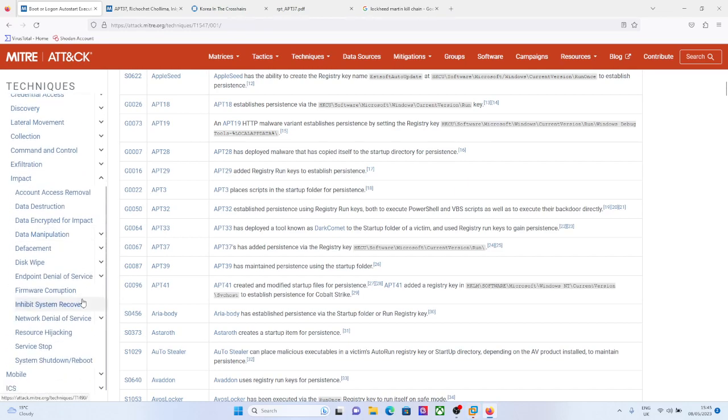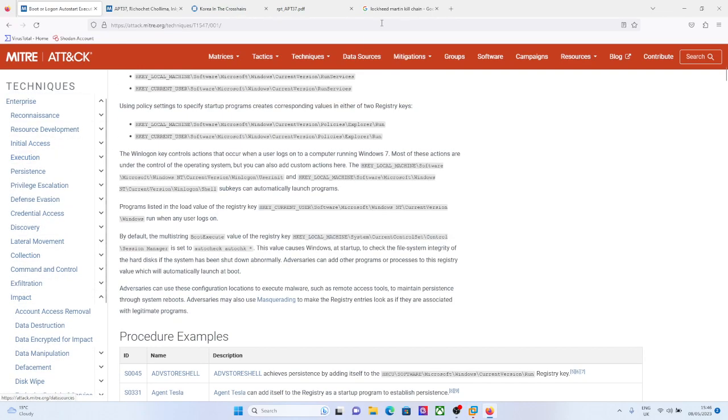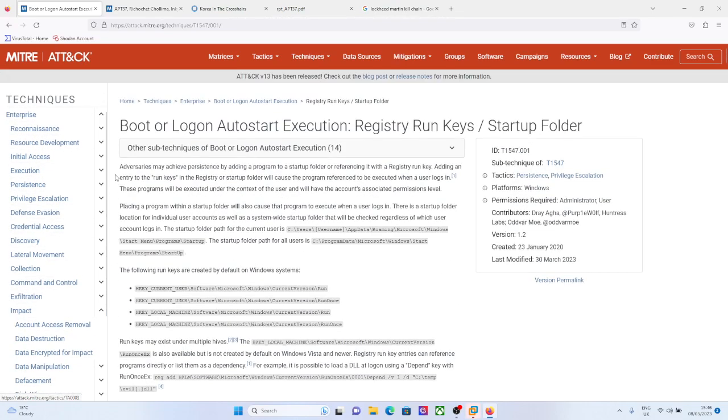So impact is also a relatively new concept. Like, what is the impact of the activity, whether it is wiping a disk, whether it is just a network denial of service, or rebooting the system. You can always reference these tactics by looking at these details.